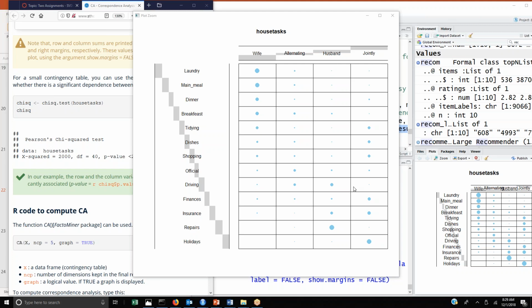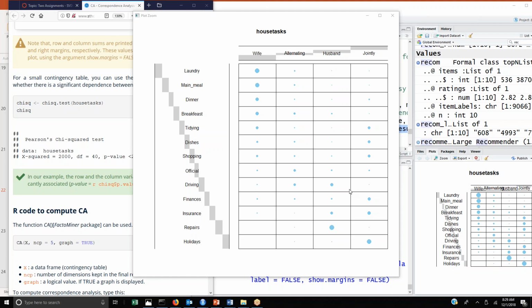Basically, it is qualitative data analysis. The simple question is: is there a relationship between rows and columns? That is the question we answer with a contingency table. The rows and columns are qualitative groupings.